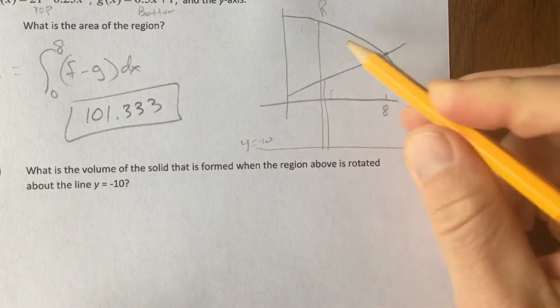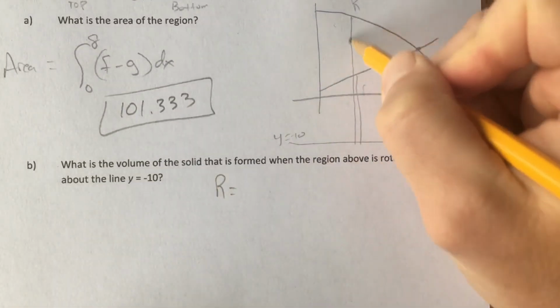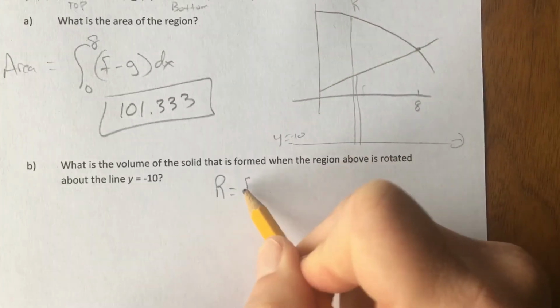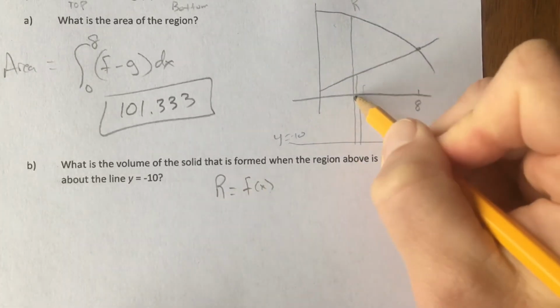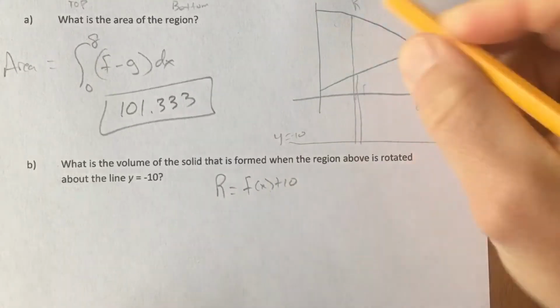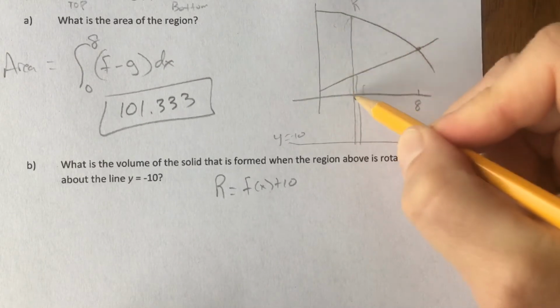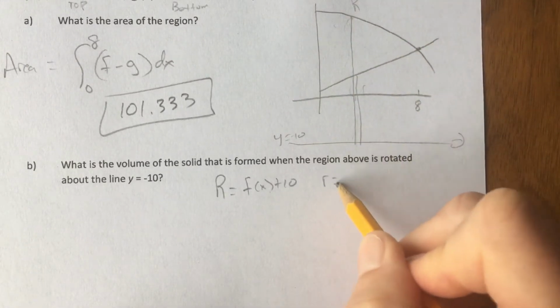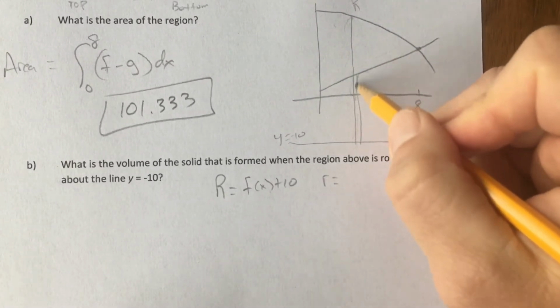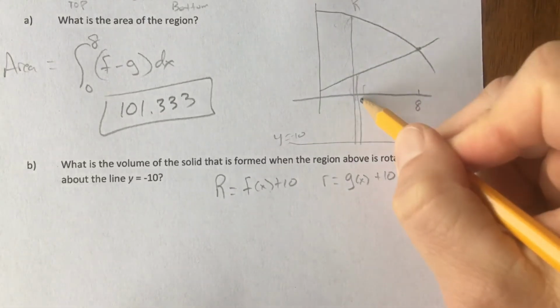Our big radius would be the top function, the f function, plus 10 more, because you're going all the way down to this axis. So this total length here would be f, which is this part, and then plus 10 more. The little radius would be the g function, the bottom function, plus 10 more to get you down to here.